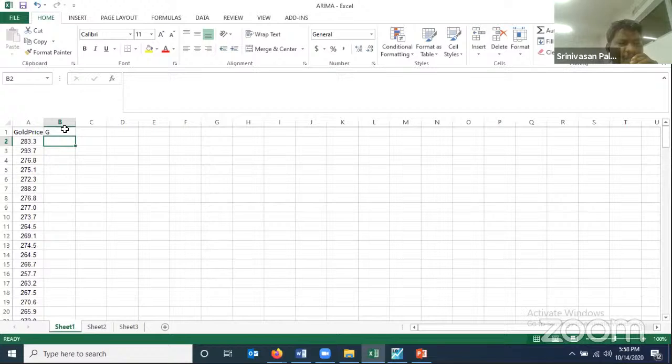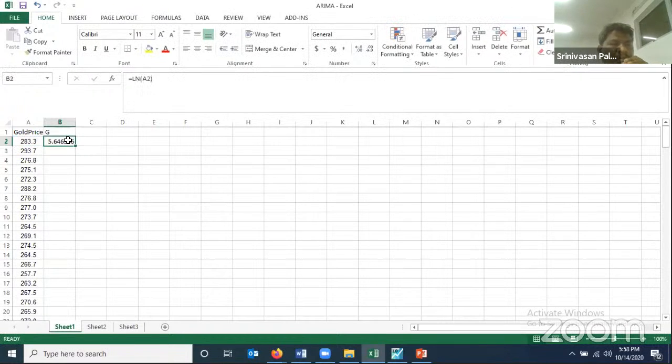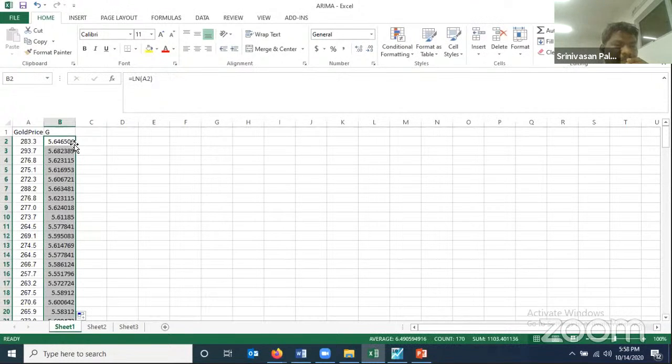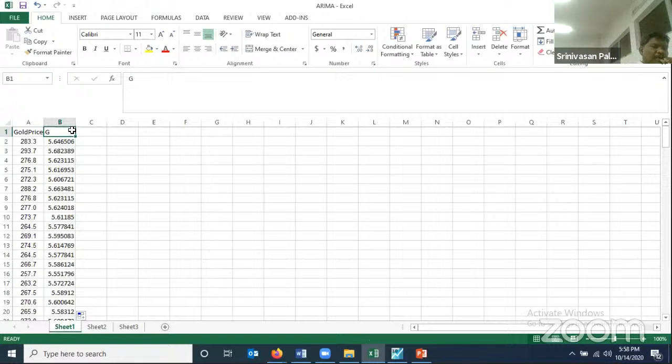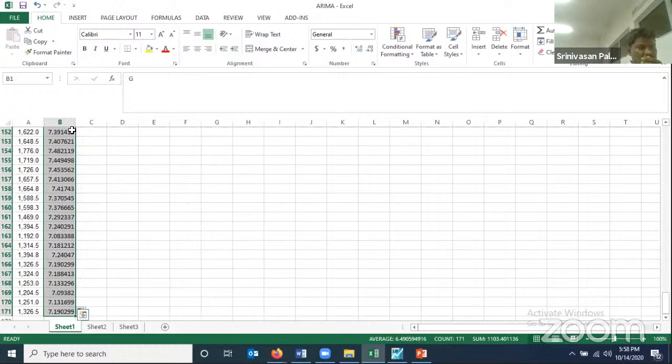G equals ln, open the bracket, click on it, then close the bracket. Over. Double click on the corner, and you will get the whole series. If you want to check, see, all 170 observations you can see. Got it, sir?